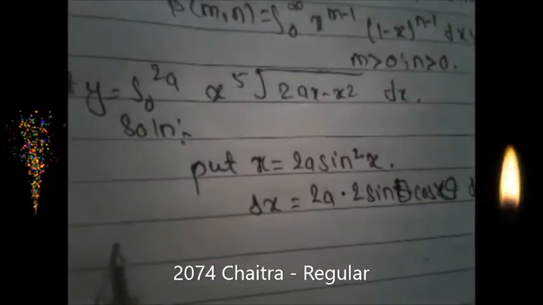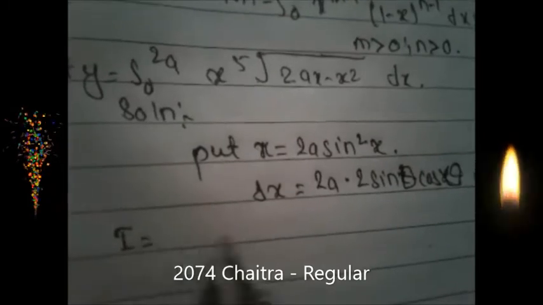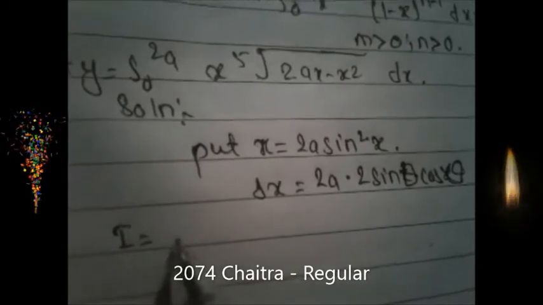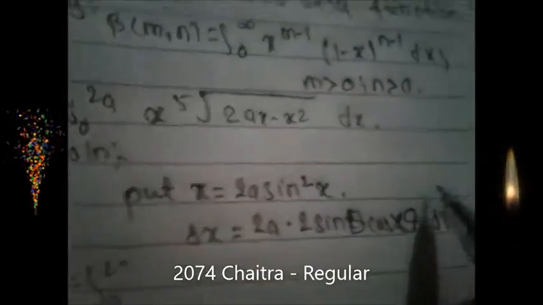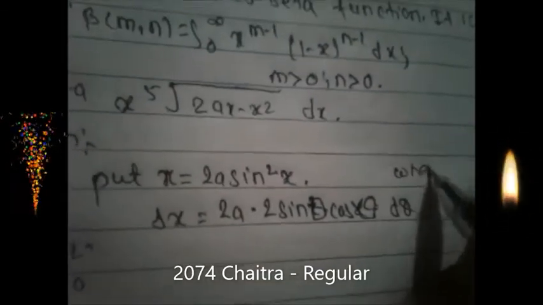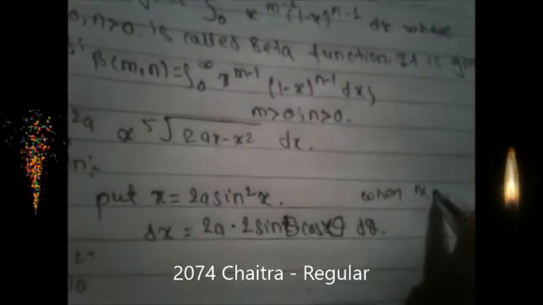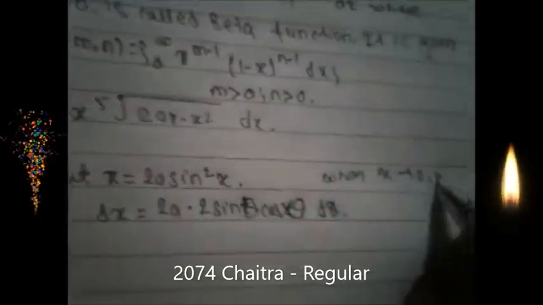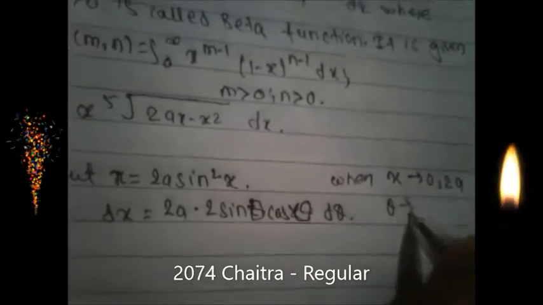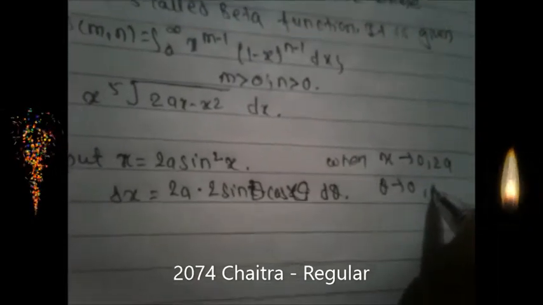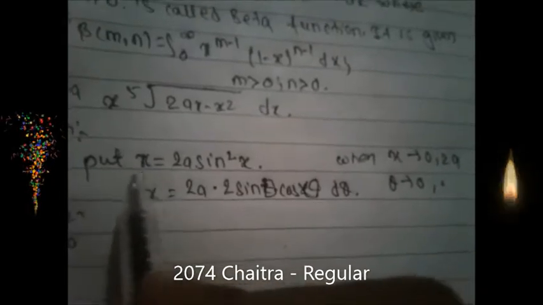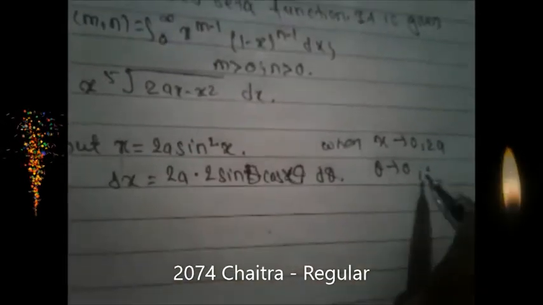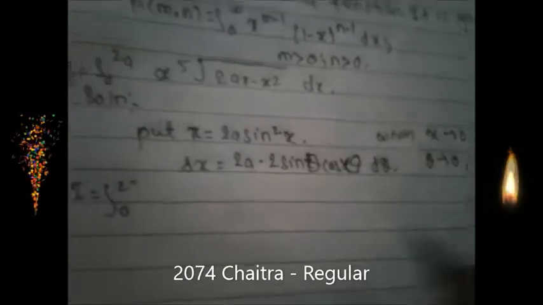Now we put the value in I is equal to the integral of x raised to power 5 from 0 to 2a. When x tends to 0, theta tends to 0, and when x is 2a, theta tends to pi by 2.